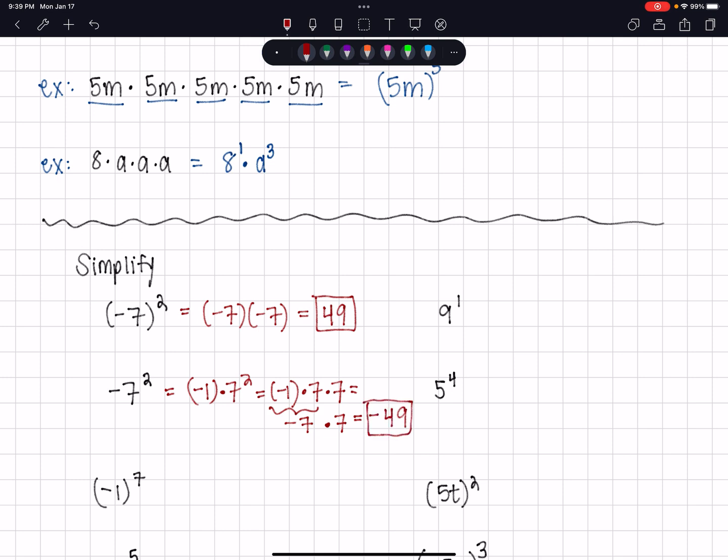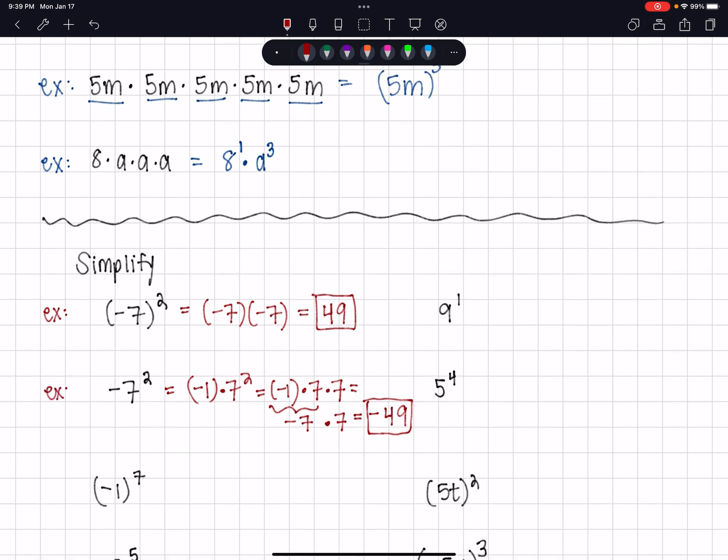So there's a big difference between this first example and this second example. This exponent is attached to everything in the parentheses.